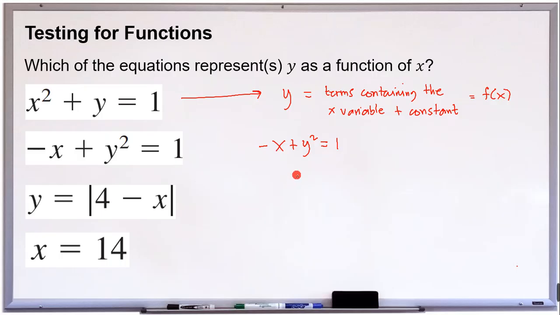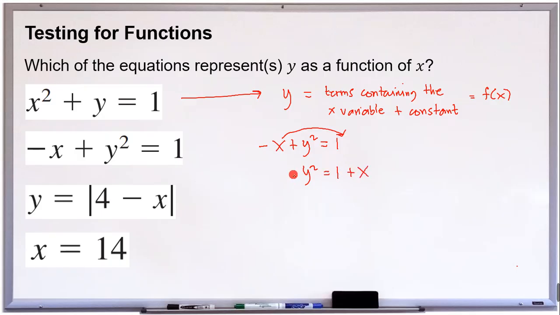So we'll proceed to our first step, since the format of the given equation is not y is equal to some function of x. The first thing is that we're going to transpose the negative x to the right side. So you have y squared is equal to 1 plus x.